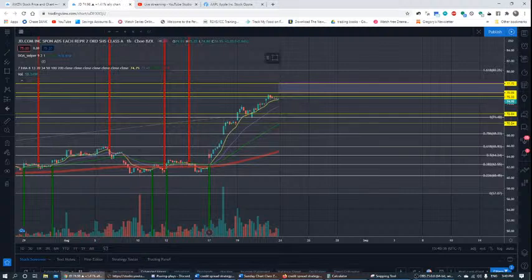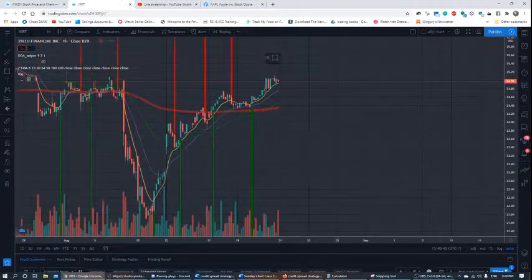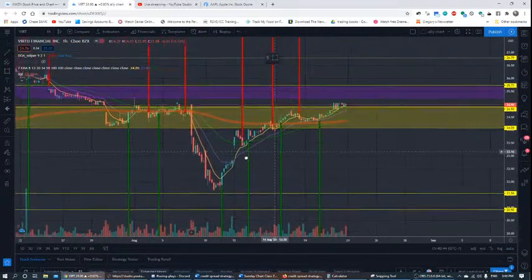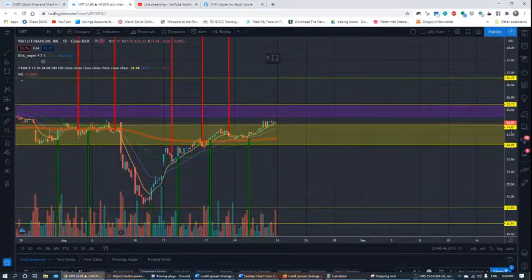Okay, so next one I'm going over is VIRT. So this chart is okay. Looking at the EMAs right now on the 1 hour time frame, it has made the golden cross, so the green is above the 200. Red, green above red, that's bullish.